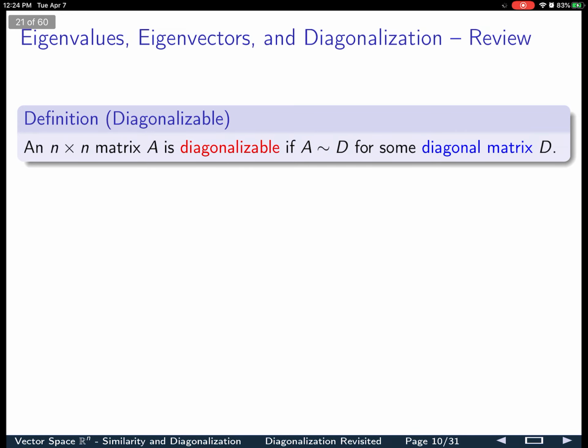Cool. All right. Now we can precisely define when a matrix will be diagonalizable. That is if it is similar to a diagonal matrix. And again, we've looked at this before. We've already decomposed a matrix A into the decomposition PDP inverse.